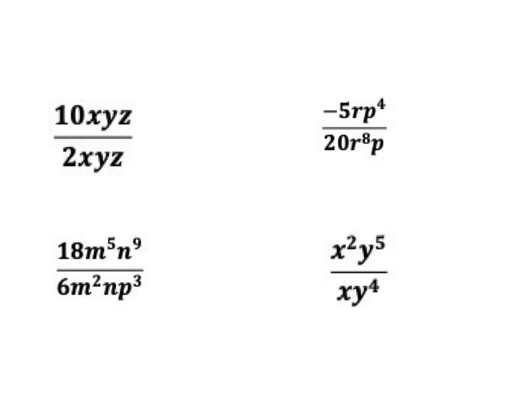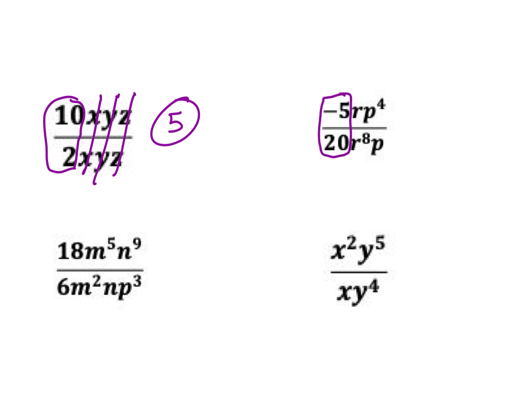Let's do some more. So on this one, when I divide, 10 divided by 2 equals 5. That 5 will be on the top. Think about it as like 5 over 1. This cancels, and this cancels. So if I have a 5 and it's on the top, I don't need a bottom. I'm done. This next one, I have negative 5 over 20.